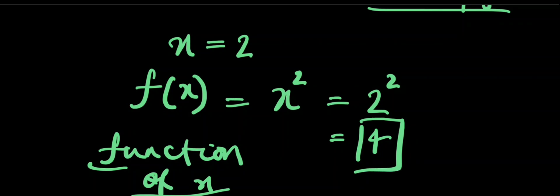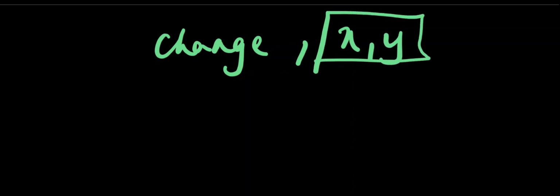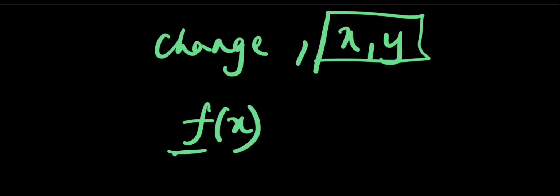Alright, I'll define this once more. Functions are a way of representing a change happening to a certain value, x, y, whatever. It could be any value. And we represent functions by putting an f of x sign in front of the variable.